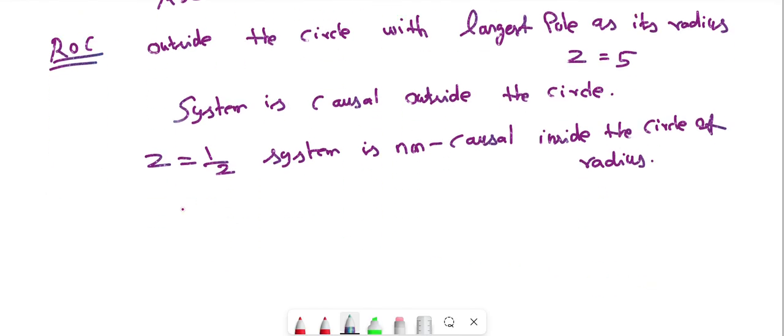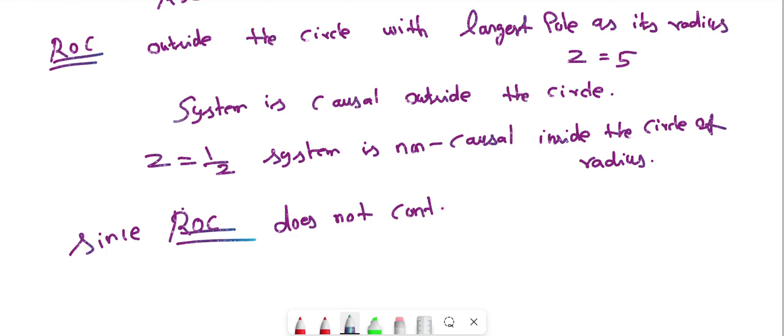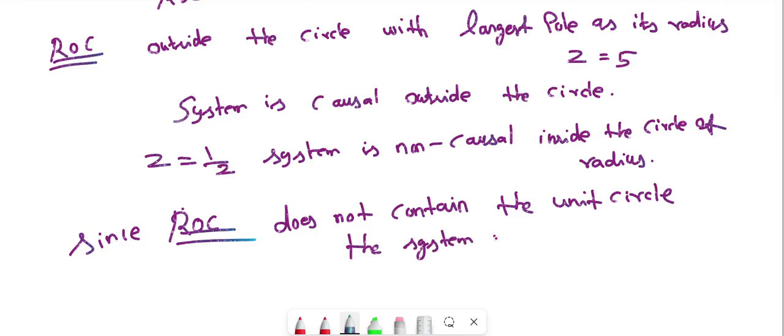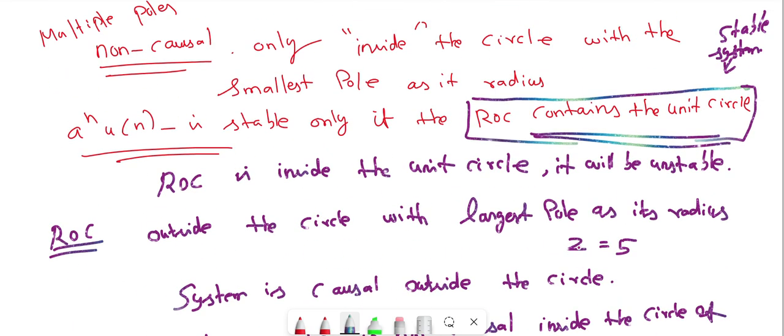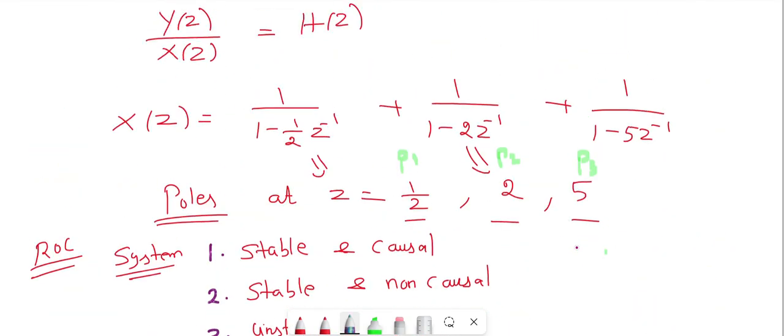Since the ROC does not contain the unit circle, the system is an unstable system.